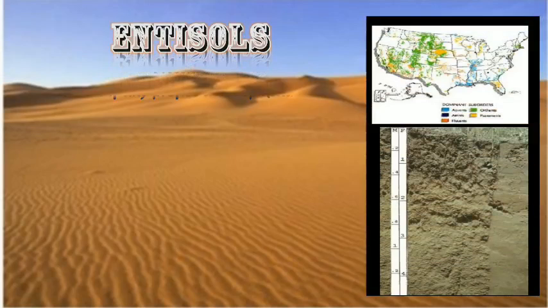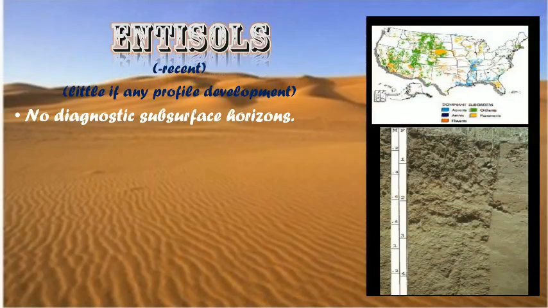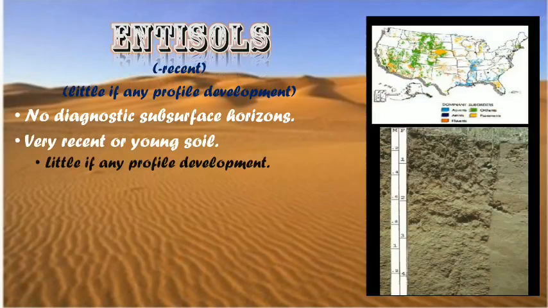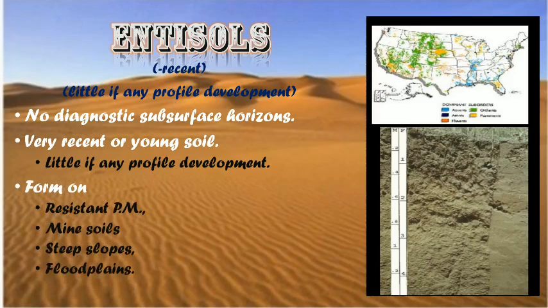We have the entisols. Entisols have no diagnostic subsurface horizons. They are very recent or young soils, with little if any profile development. They form on resistant materials, steep slopes, and flat plains.